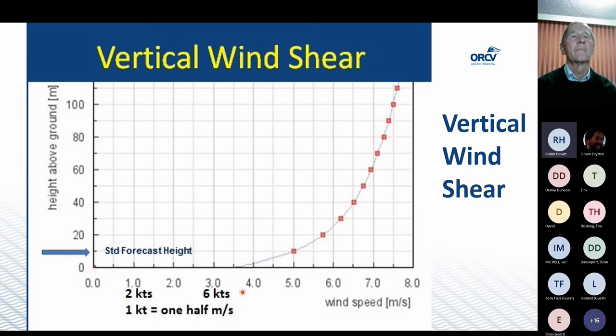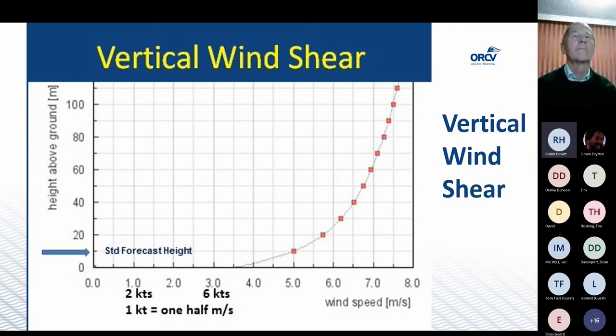When you get up to about 15, 20 knots, the mixing in the air is so great that you can't see this formation. And a lot of the light weather stuff I'm talking about there doesn't really happen.